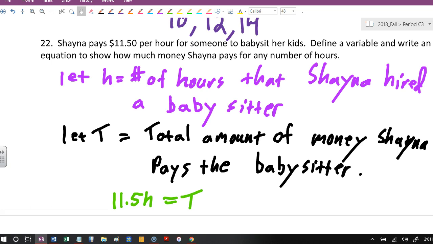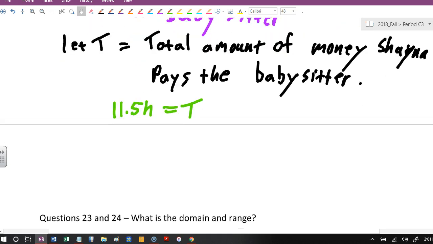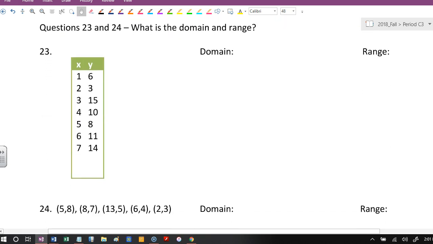All right, Appleheads. What is 23? 23 is what is the domain and range. Since all of x is domain and all of y is range, first you would do the domain. You put the weird bracket thing at first. What if I write a not weird bracket thing? Is that okay? Yeah. Okay, go ahead. And you have to put it in numerical order. So it's 1, 2, 3, 4, 5, 6, 7.